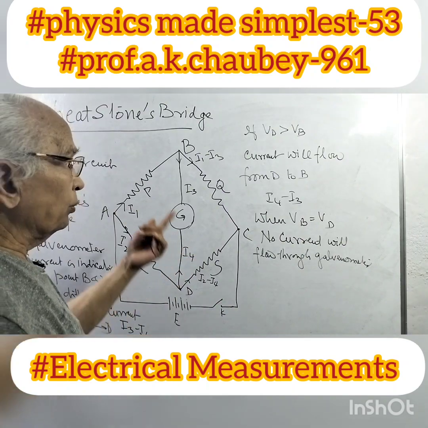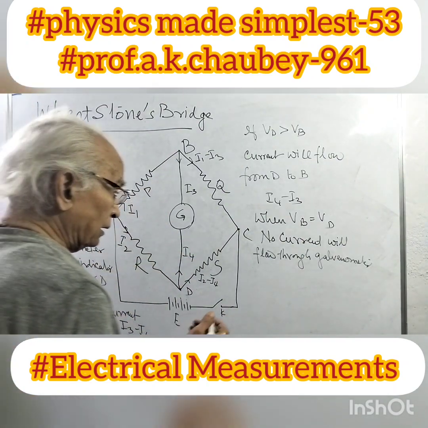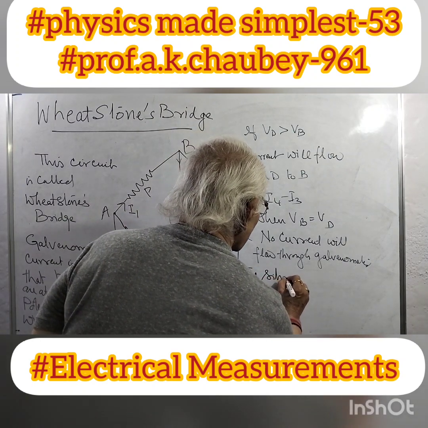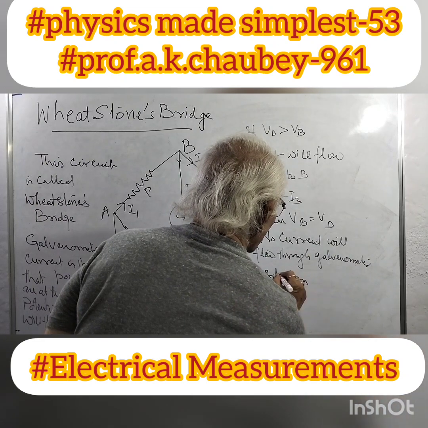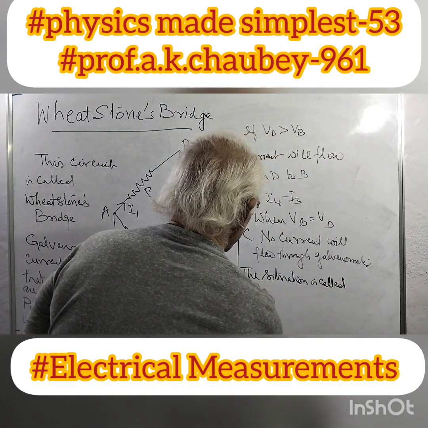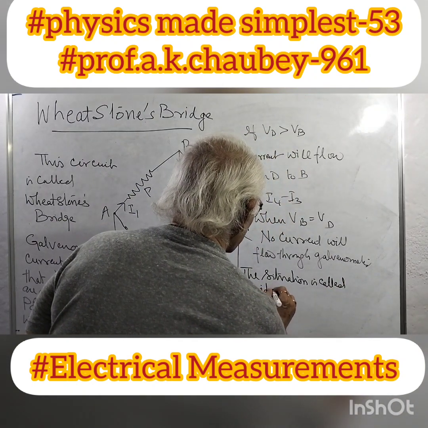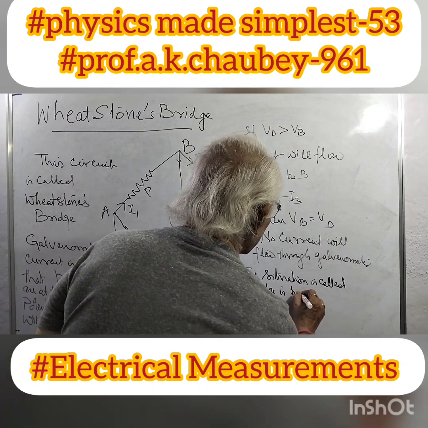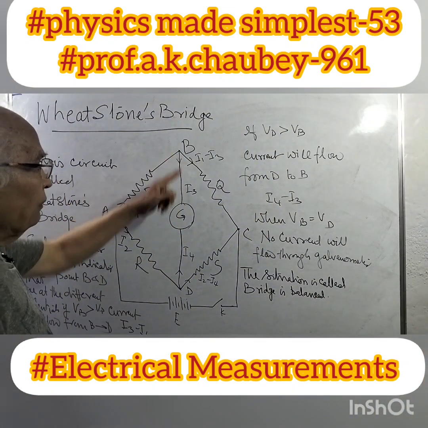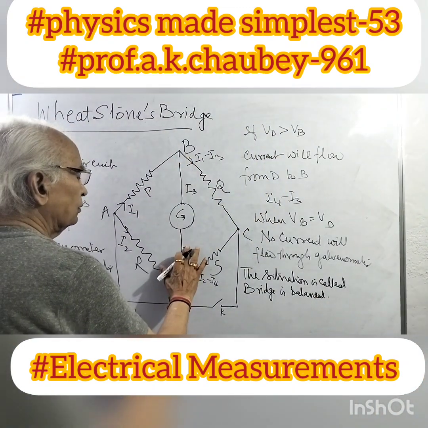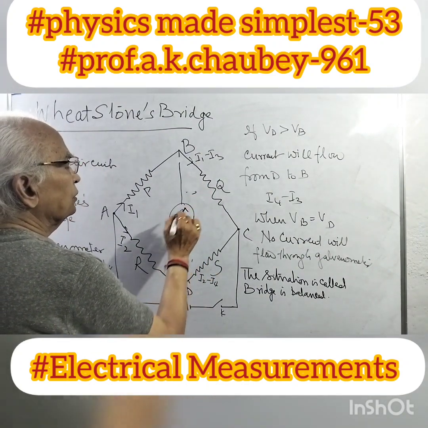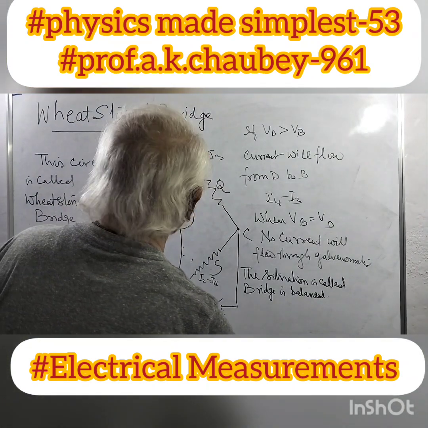So resultant current will be zero. This situation is called the bridge is balanced. Means when no current is flowing here, the galvanometer reads zero.